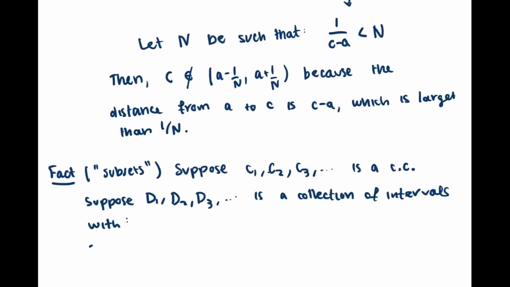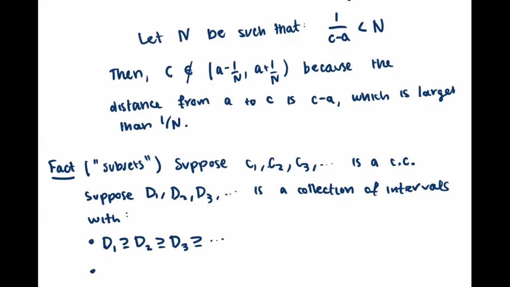First of all, we want each of these D's to be smaller than the previous. So D1 contains D2, D2 contains D3, and so on.